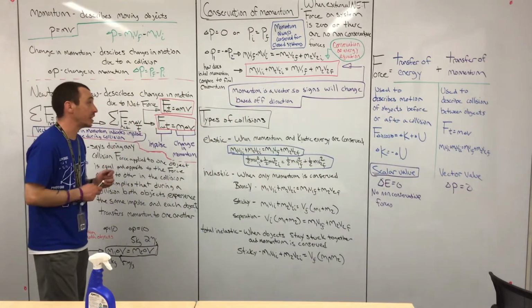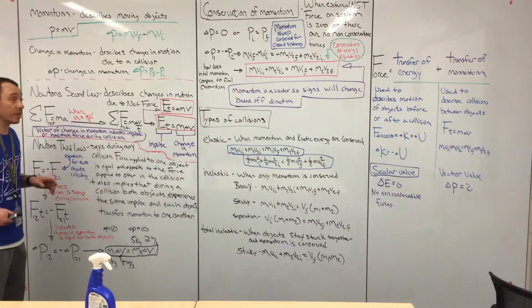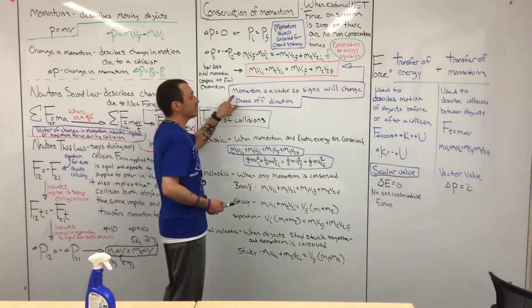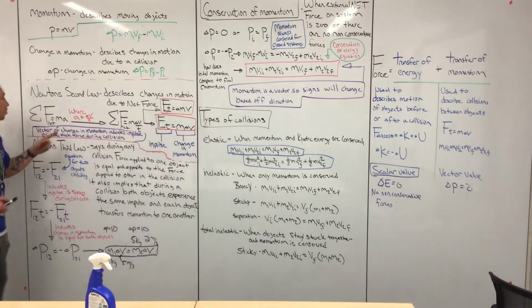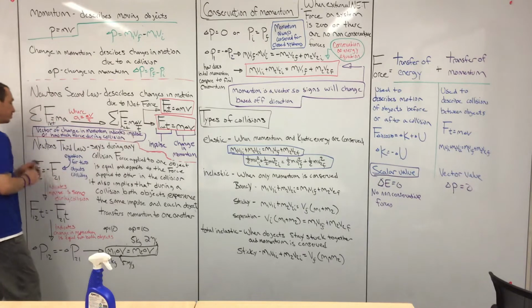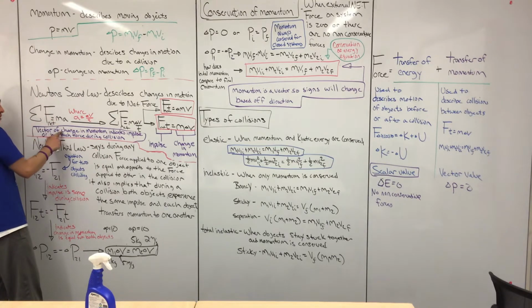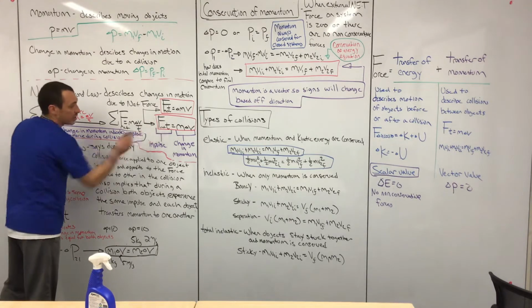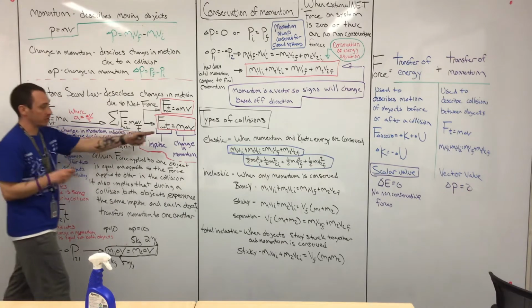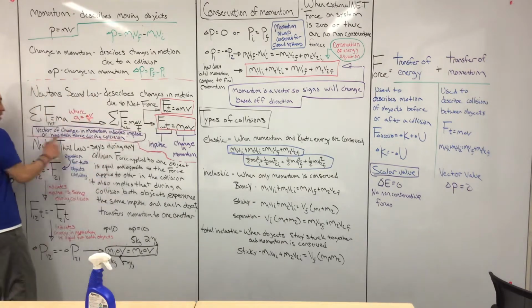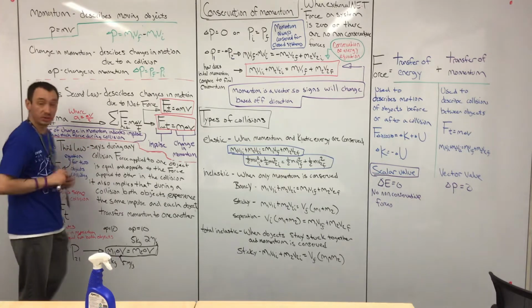Momentum is a vector again. So that vector means something. When we're looking at impulse, the vector of change in momentum, when you get the total vector for the change in momentum, you're actually indicating the impulse, or how much force during the collision.